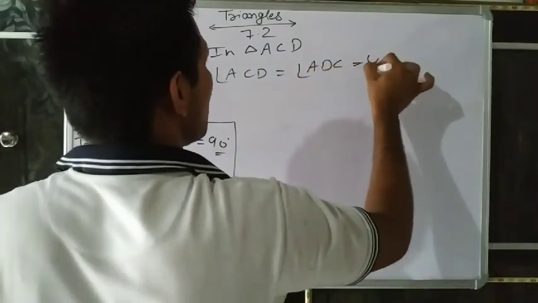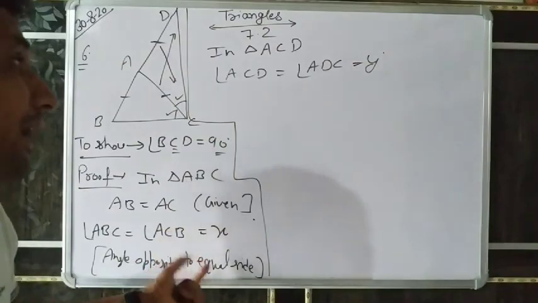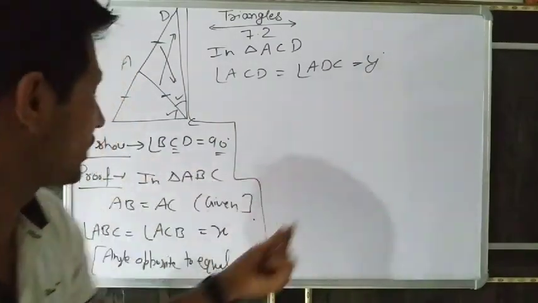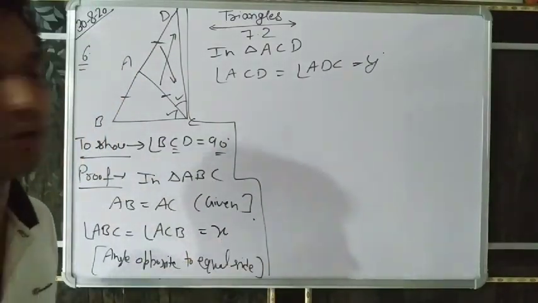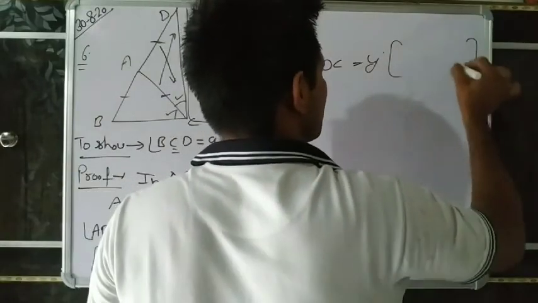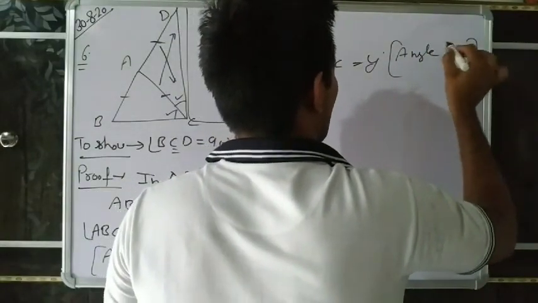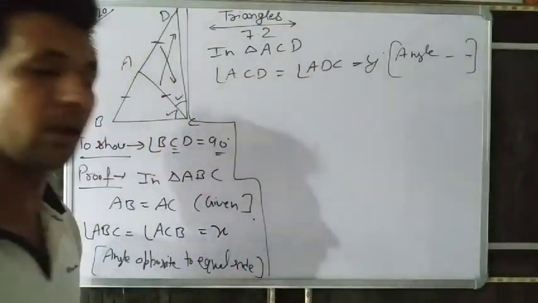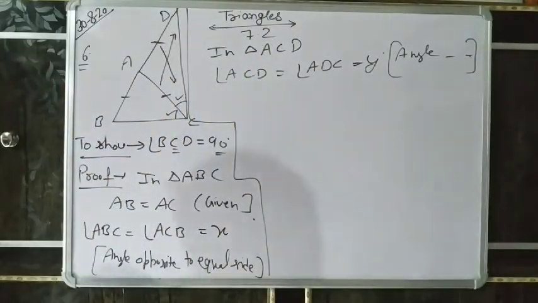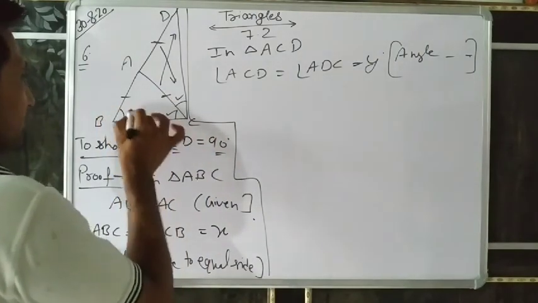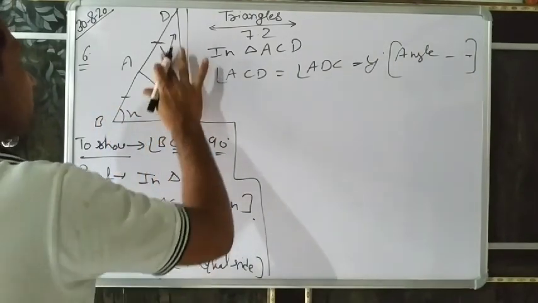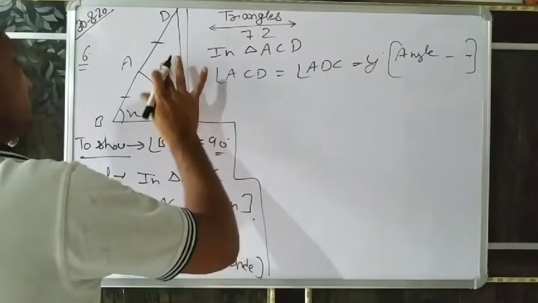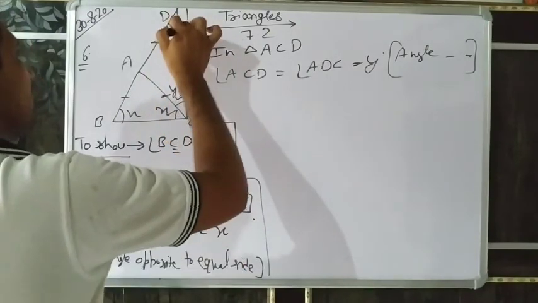Suppose they are equal to Y. You cannot say they are also X because X we already took. Understand or not? So write the reason: angle opposite to equal side. Same reason we write here. Now this is X, this is also X, and this is Y, so this is also Y.